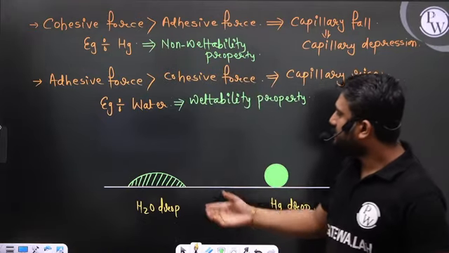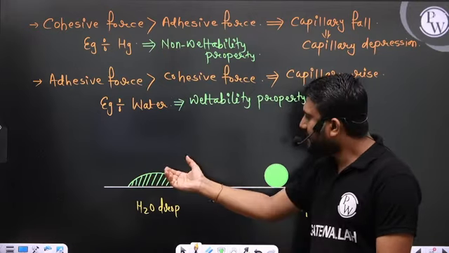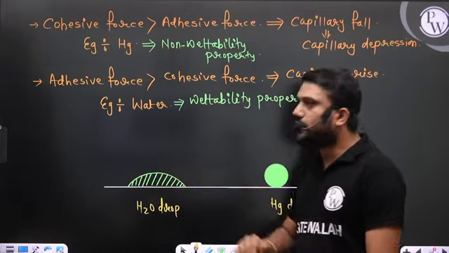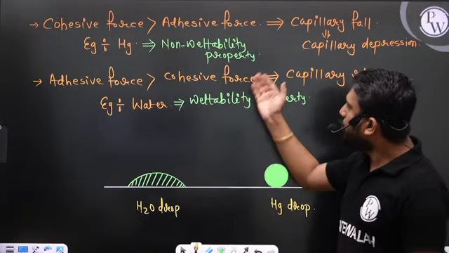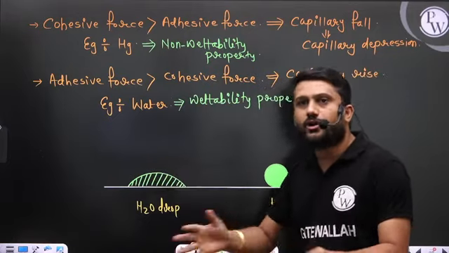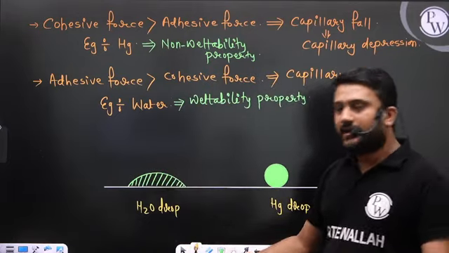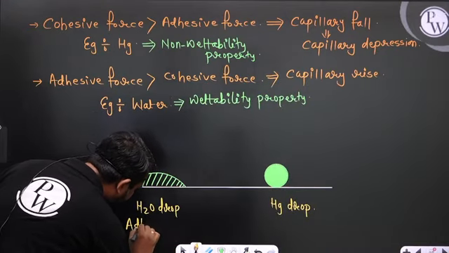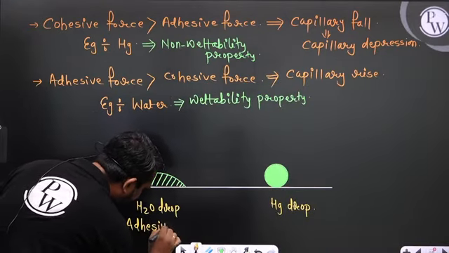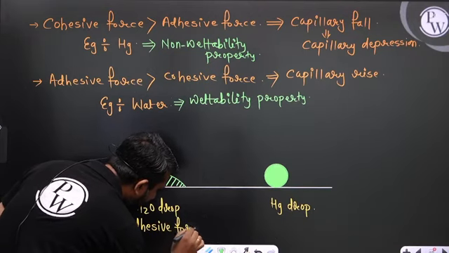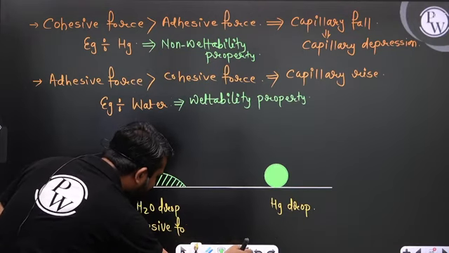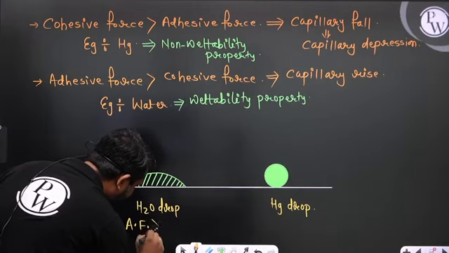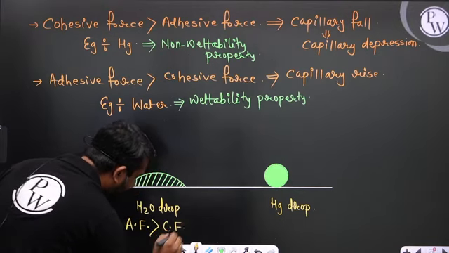In this case, adhesive force is acting between the surface and the water molecules, whereas cohesive force is acting between the water molecules, right? So this is the H2O drop, and here adhesive force is greater than the cohesive force.